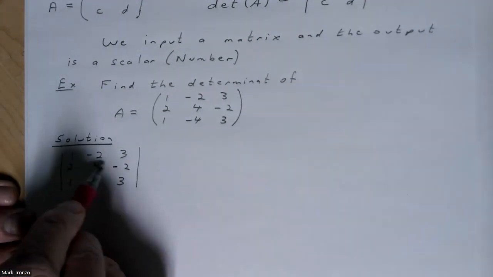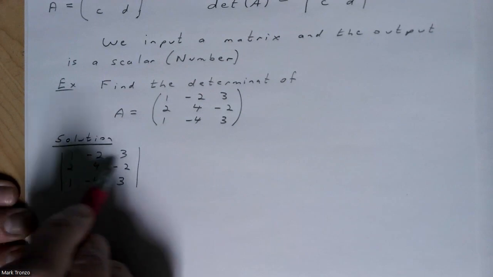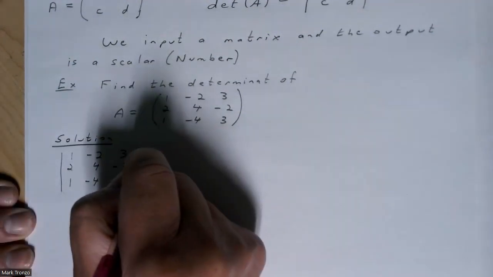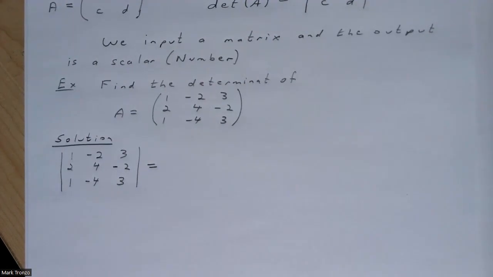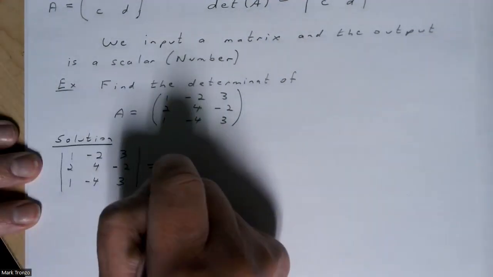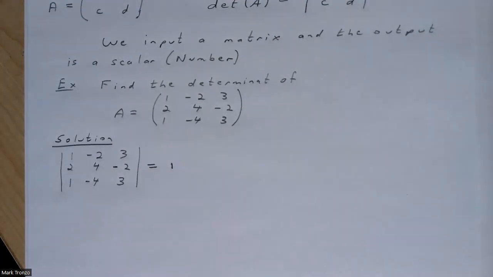So we'll go across the first row, and we'll start with the first element in the first row. So we're going to start with this 1 up here, and we'll put this 1 in front.